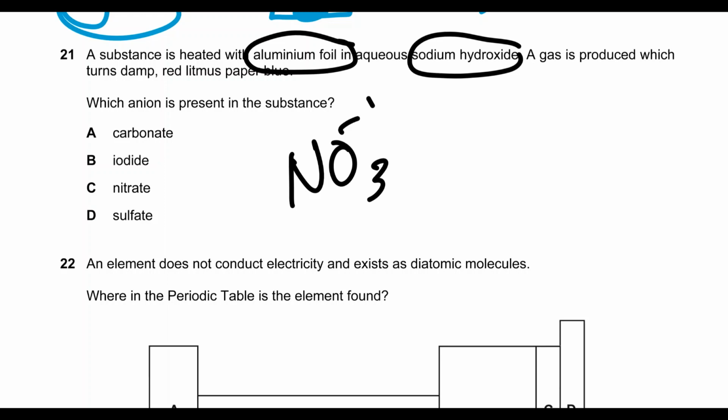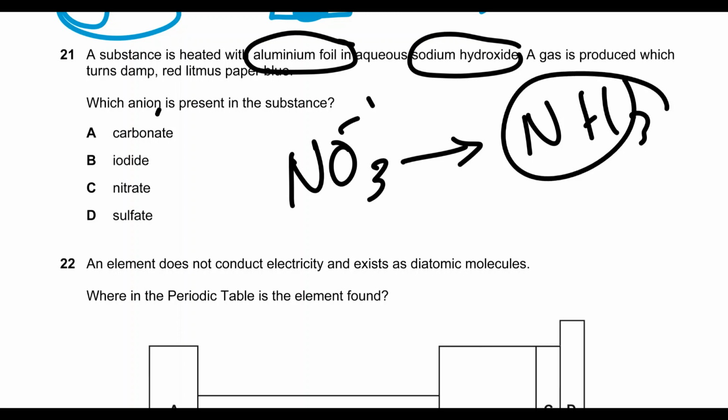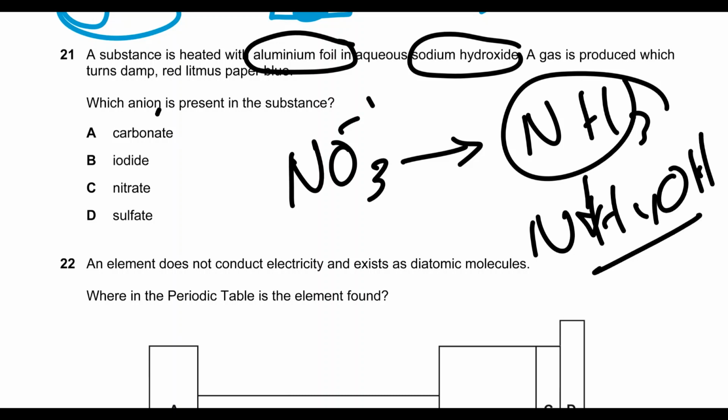Nitrate ion compounds with aluminum foil and sodium hydroxide will produce ammonia gas. So a gas is produced which turns damp red litmus paper to blue. That means with H2O it is converted into NH4OH, which is alkali, blue. So your compound is a nitrate compound.